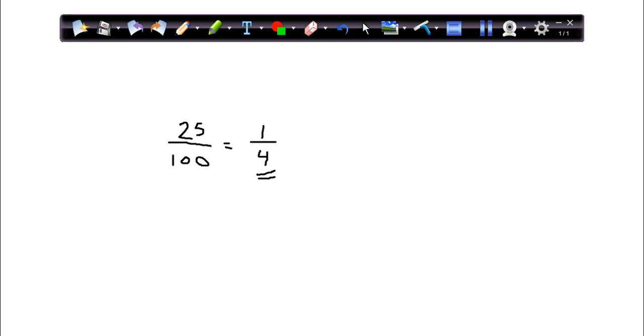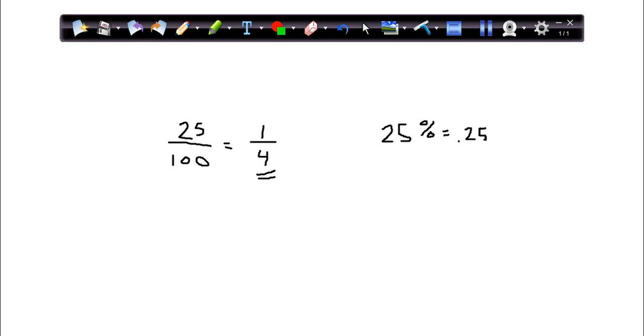Okay, and if you look at the percent, 25%, we're going to change it to a decimal. So we know it's equal to point, they did in the book, 25.